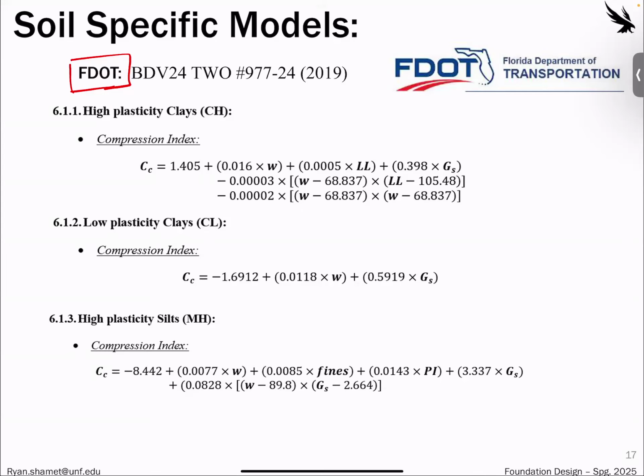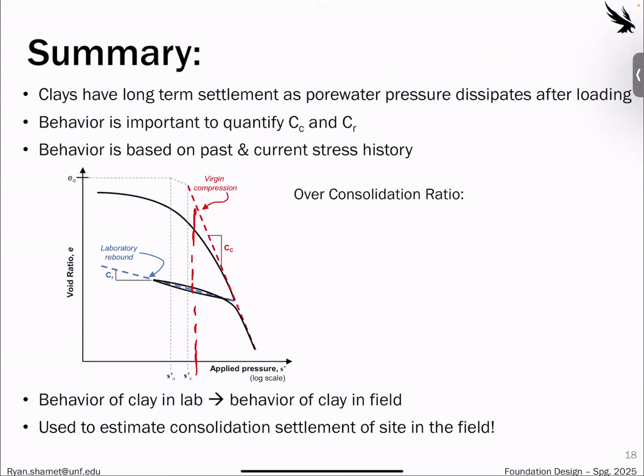And that's the whole goal of it: we can save the consultant time and money by, instead of running these month-long tests, estimating the CC and the CR values ahead of time to see if it's even worth putting an embankment here or a surcharge here or a foundation here. So these are some equations. If you Google this report, you can see the values and the DOT. Their equations aren't pretty. You need an Excel spreadsheet or some type of thing, but they use moisture content, liquid limit, and fine content as the variables there.